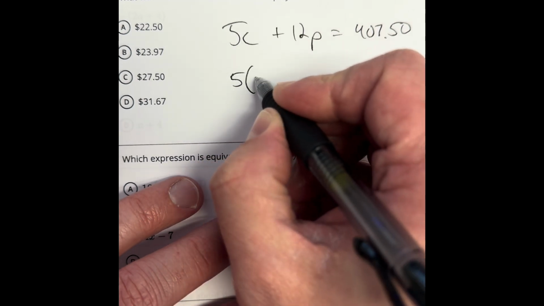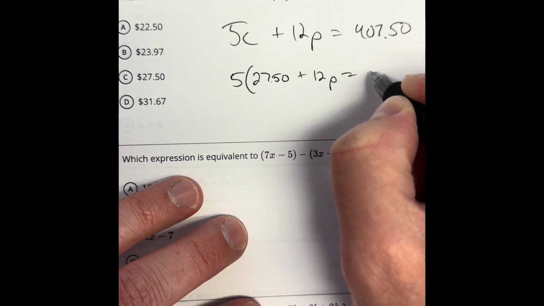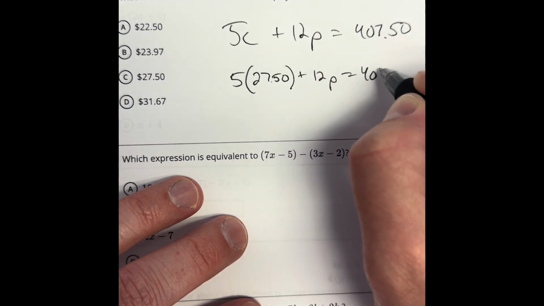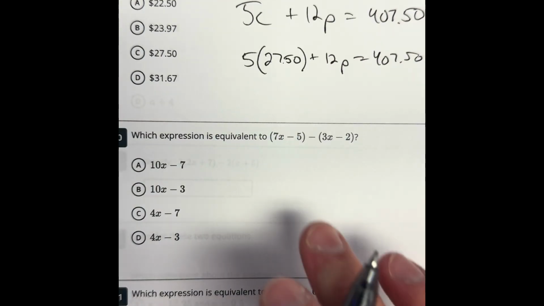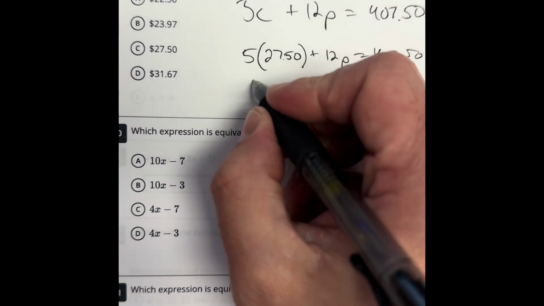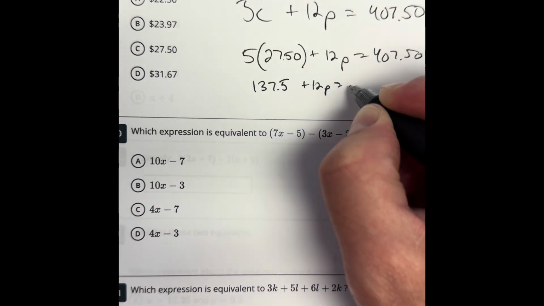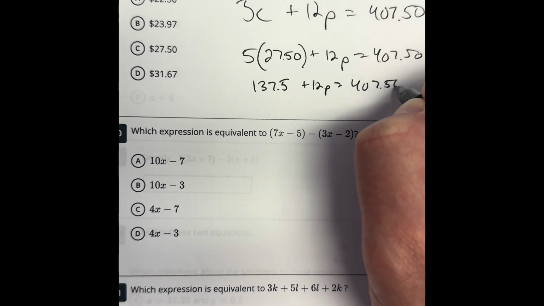So I'm going to do 5 times $27.50 plus 12p equals $407.50. Right. So I'm going to have to multiply 5 coaches times $27.50 each, which is $137.50, plus 12p, and that's going to equal $407.50.